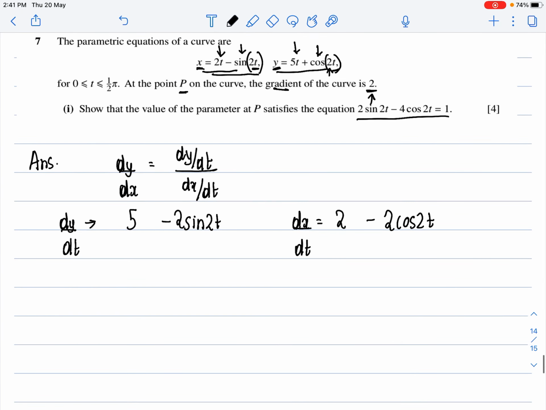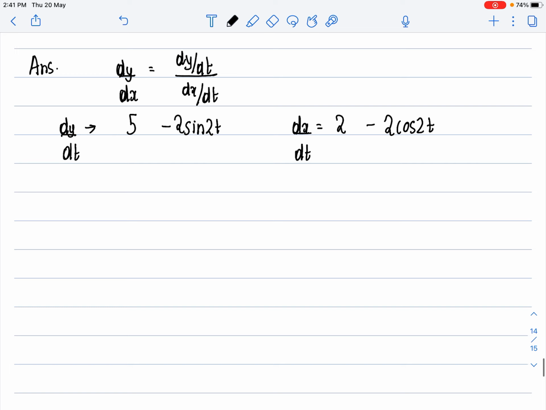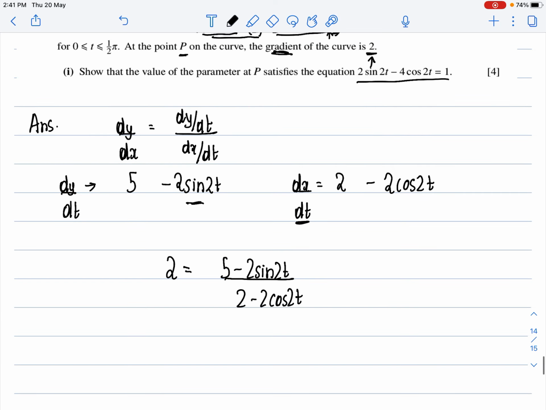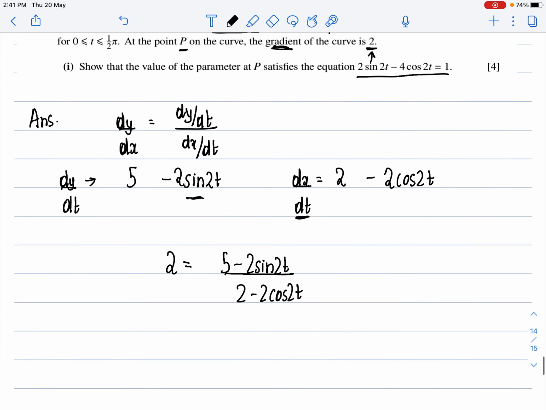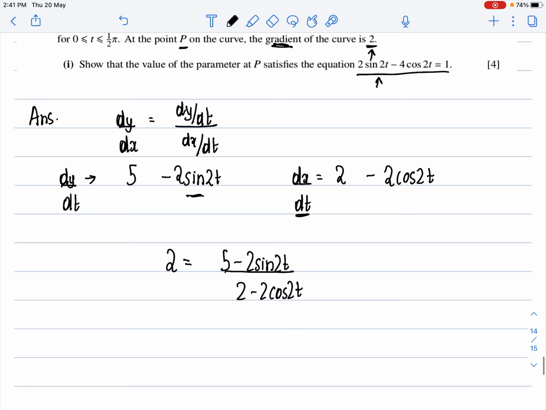Now I know my dy by dx because I know the gradient is 2, correct? So I can equate 2 to 5 minus 2 sine 2t over 2 minus 2 cos 2t. Agreed? Because dy by dt over dx by dt. Now I need everything in terms of sine 2t and cos 2t.